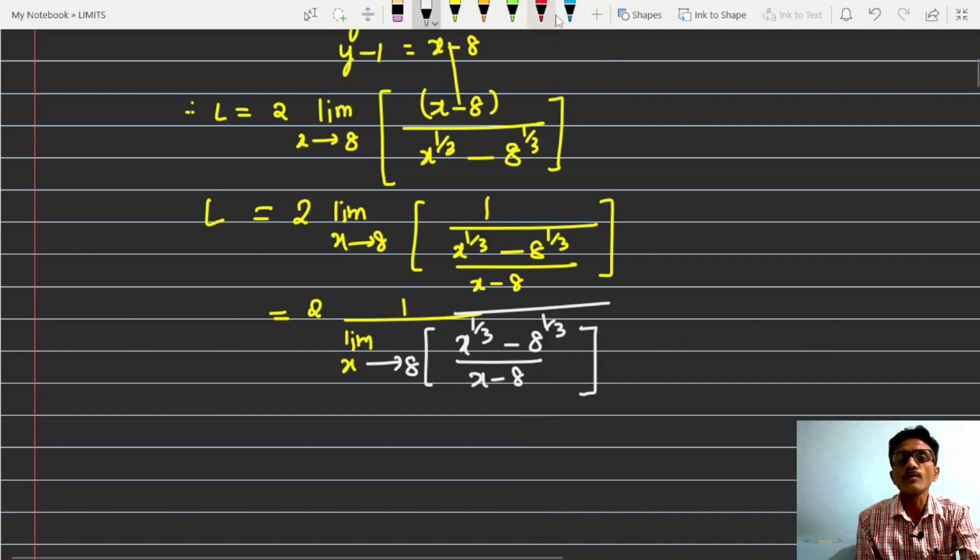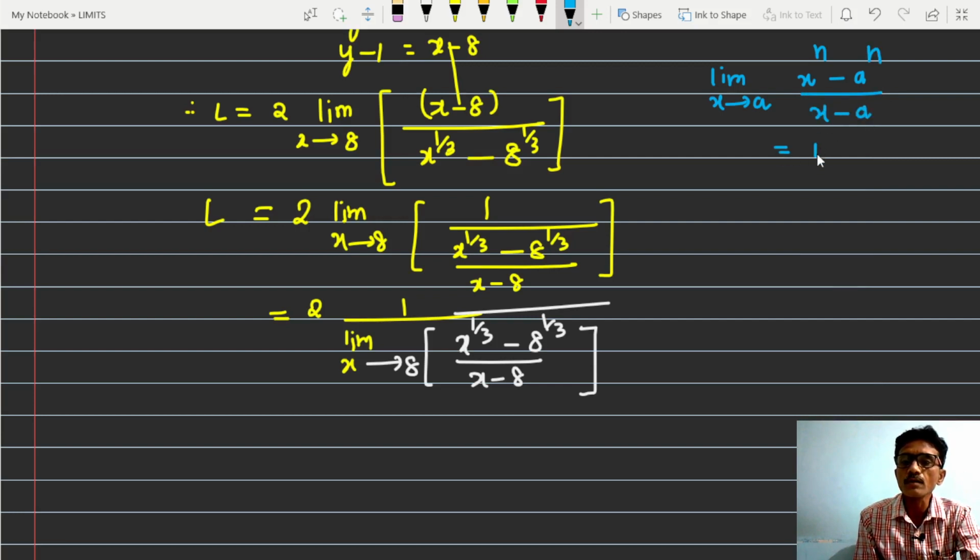We apply the formula: limit x tends to a of (x raised to power n minus a raised to power n) upon (x minus a) is equal to n into a raised to power n minus 1.